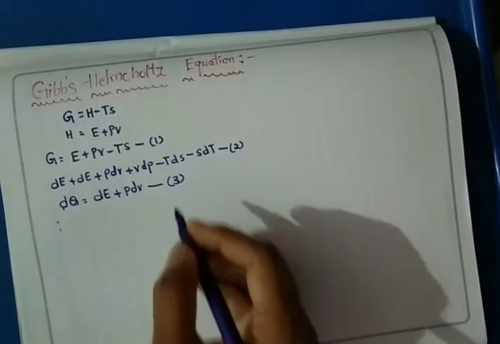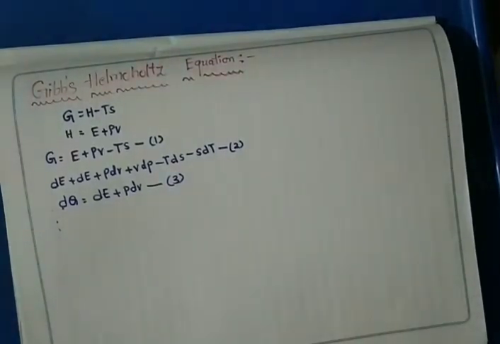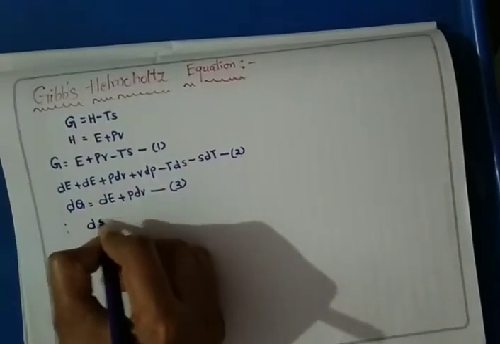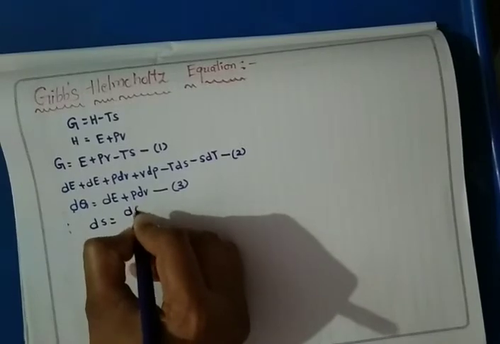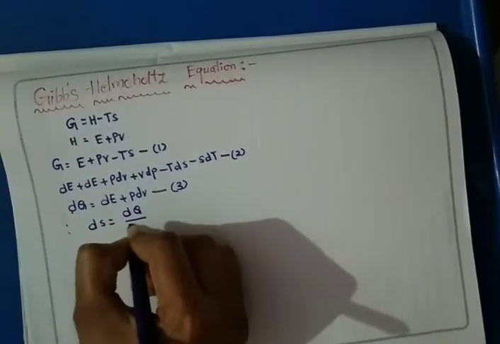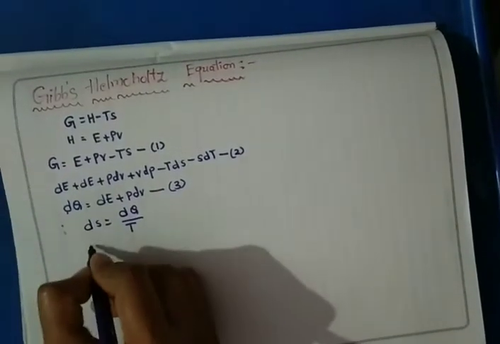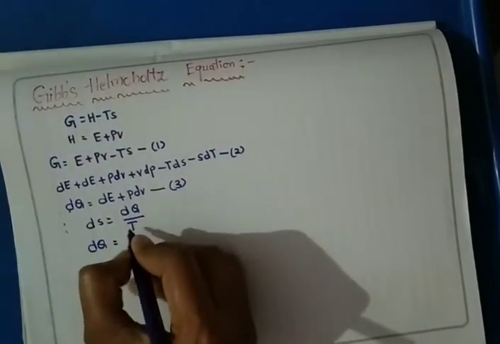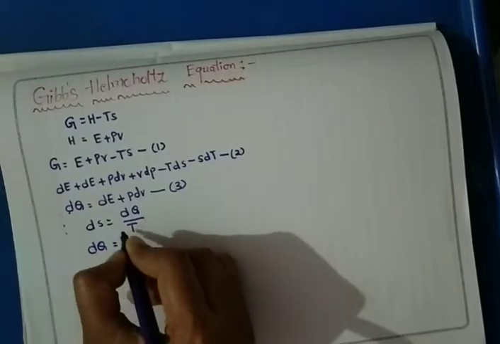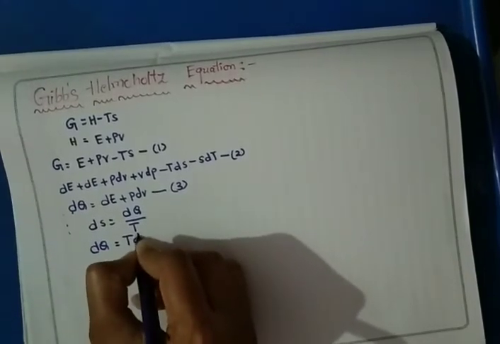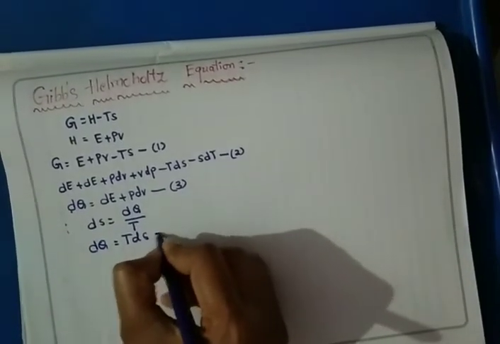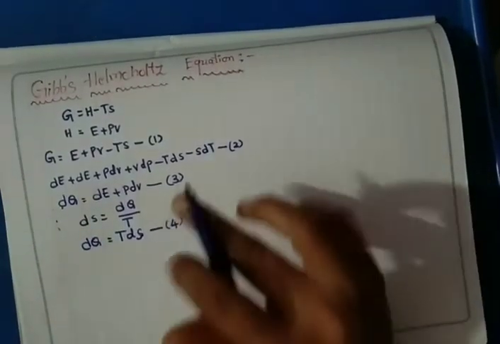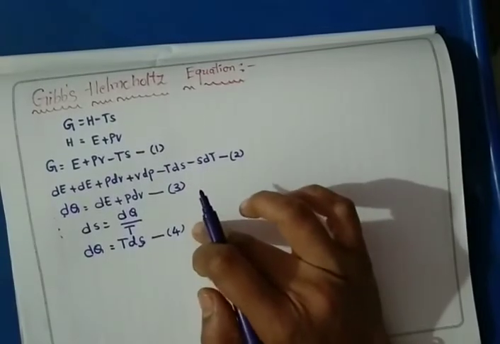For a reversible process, dS is equal to dq by T, so dq is equal to TdS. So this is equation number 4.